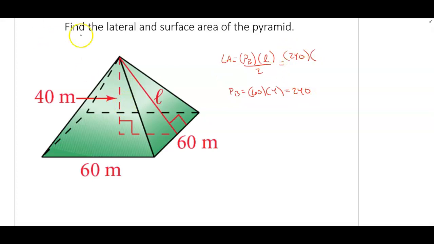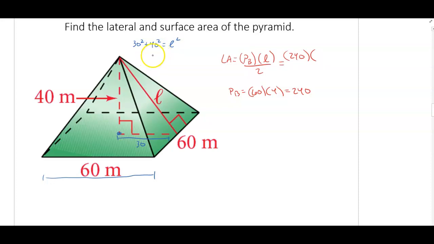Now for my slant height here, I have to actually use that Pythagorean theorem we talked about. So if this is the center of the base, I know this is going to be half the side. So if the whole side is 60, this is going to be 30. So now we can use the Pythagorean theorem. 30 squared plus 40 squared equals the slant height squared.